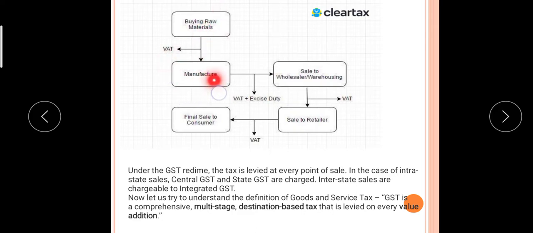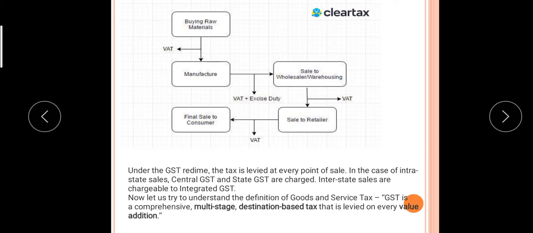After that, in manufacturing, we pay VAT plus excise duty. Then selling to the wholesaler and warehousing, again we pay VAT. Then selling to the retailer, again. So at every stage it is multi-stage.